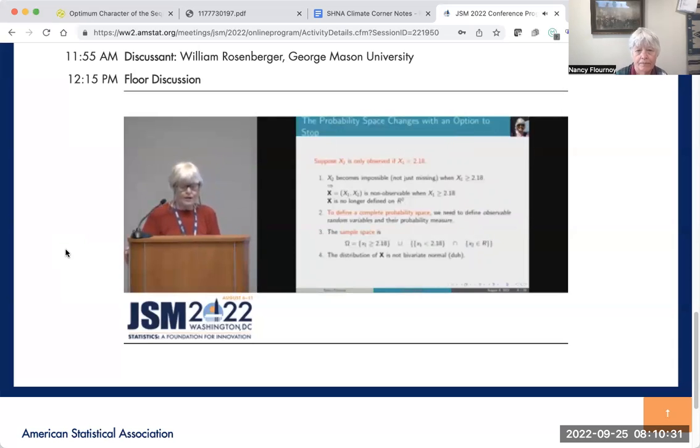Now suppose that X2 is only observed if X1 is below a cutoff value, 2.18. If X1 were bigger than 2.18, you don't just have a missing X2, it's impossible. It's out of your sample space.